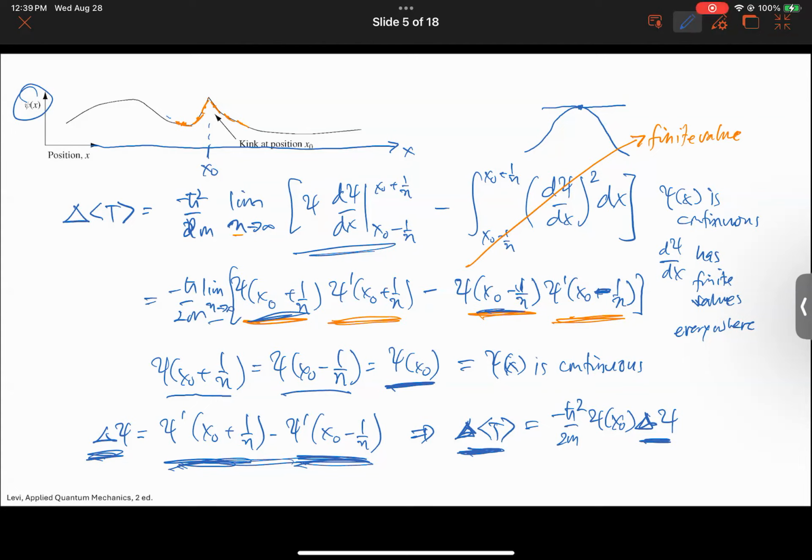Ano ang physical interpretation for this? Ibig sabihin, yung kinetic energy na ito, this constitutes as additional kinetic energy. Okay. Remember, this is a difference between yung actual na kinetic energies. Okay?